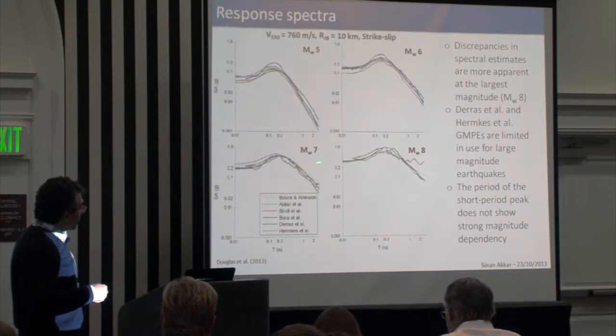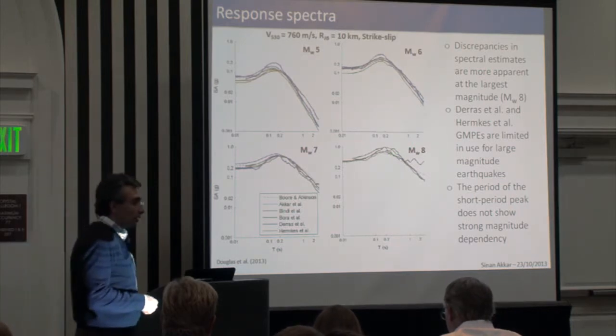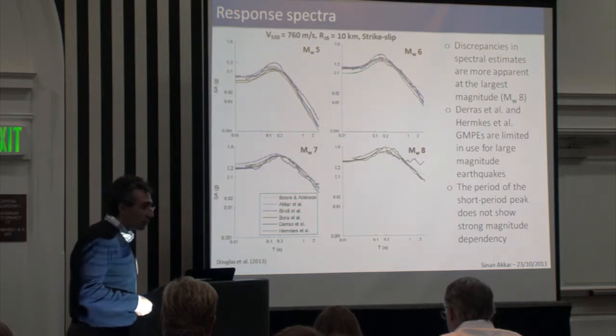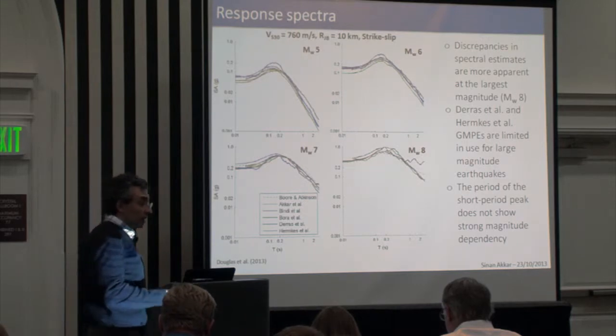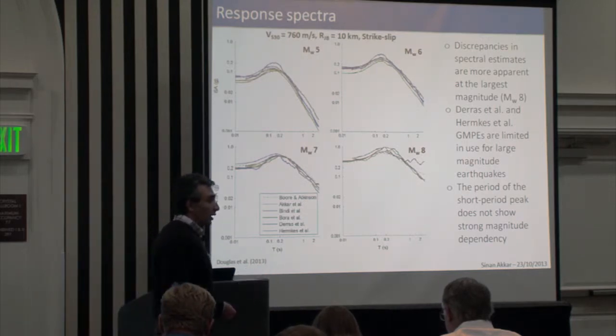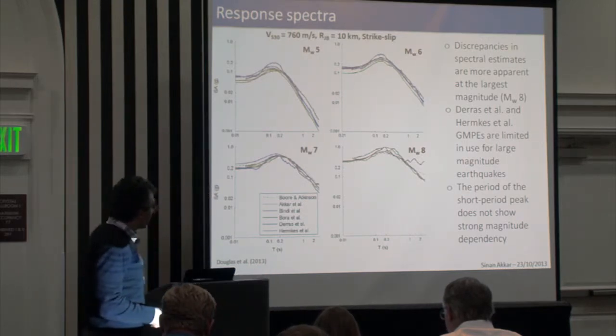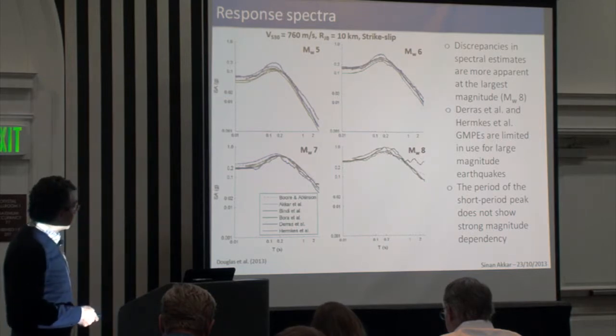As magnitude increases, we start observing larger differences in spectral ordinate estimations. In particular, the data-driven methods, GMPs, show significant difference with respect to other GMPs.